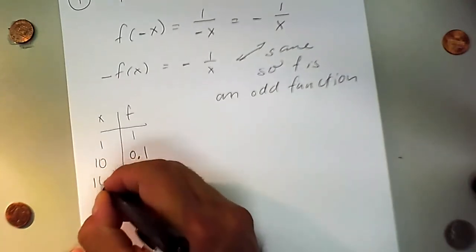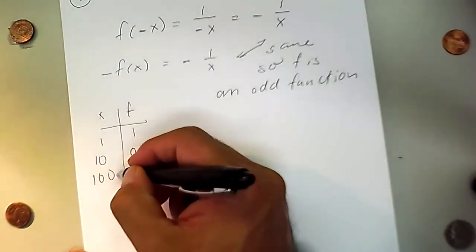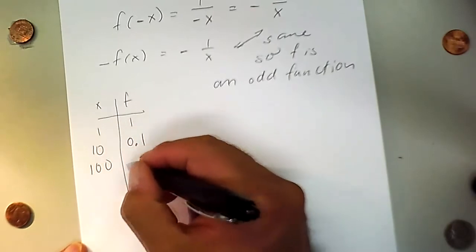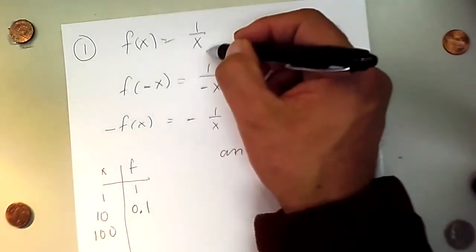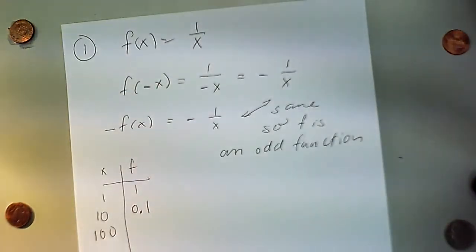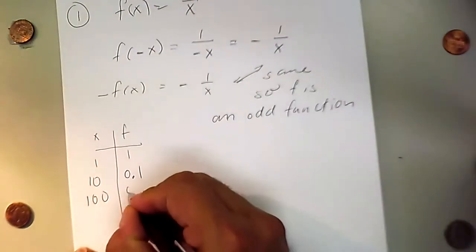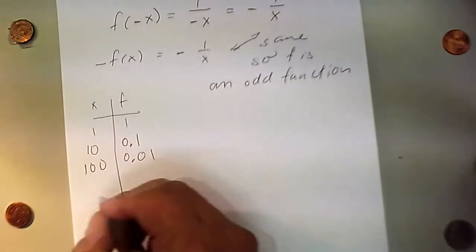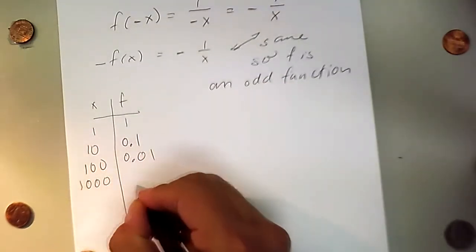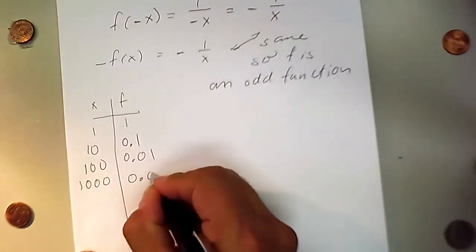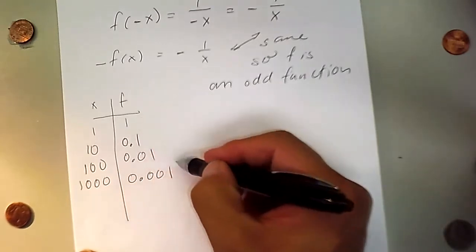If we put 100, so we are going far away fairly quickly, 1 over 100 is 0.01. And then if we put 1,000 in the input, then we're going to have 0.001. And that gets very, very small.